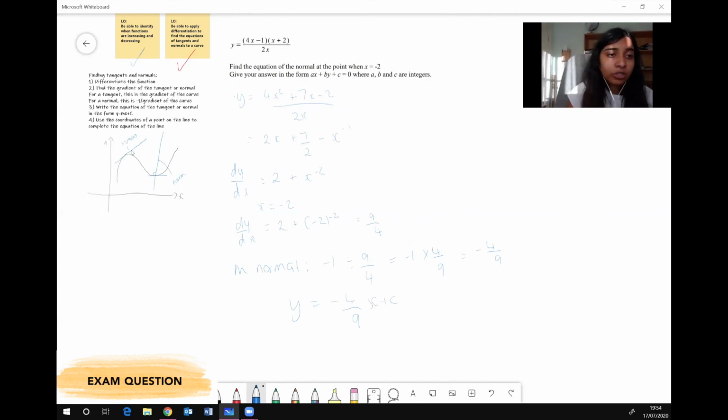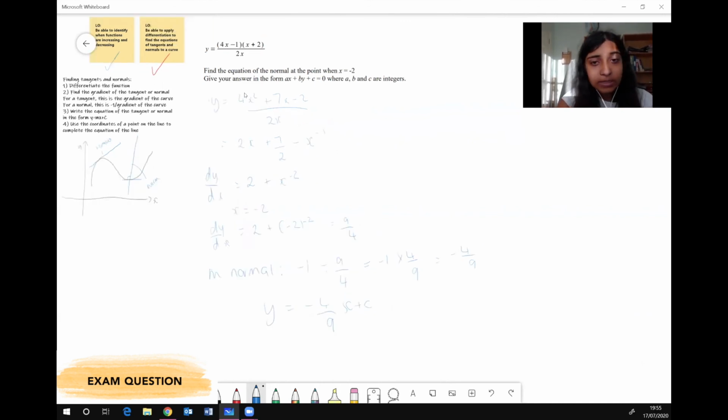And now we want to use the coordinates of a point on the line to complete the equation. So we have one coordinate, x equals -2, but we also need a y coordinate. So we can say y is equal to (4 times -2 minus 1)(-2 plus 2) over 2 times -2.